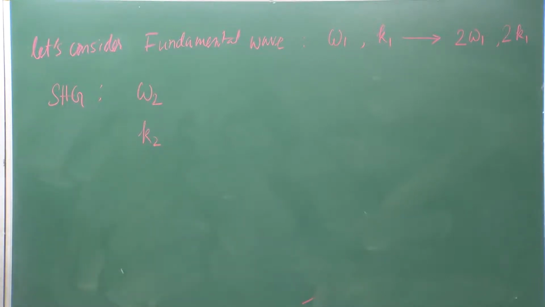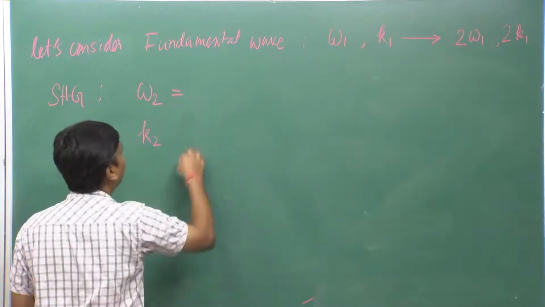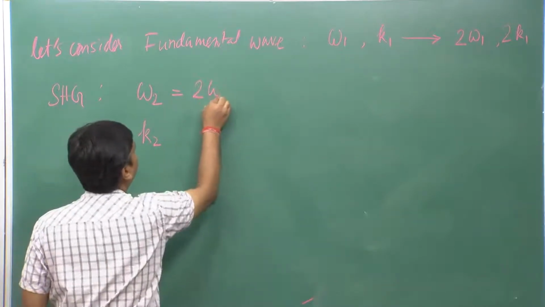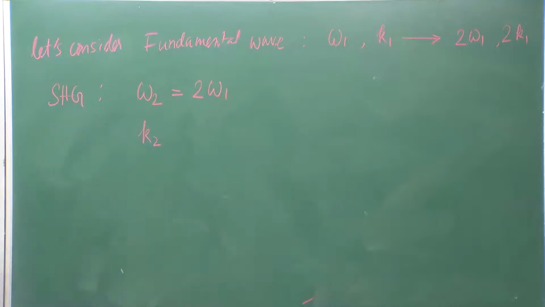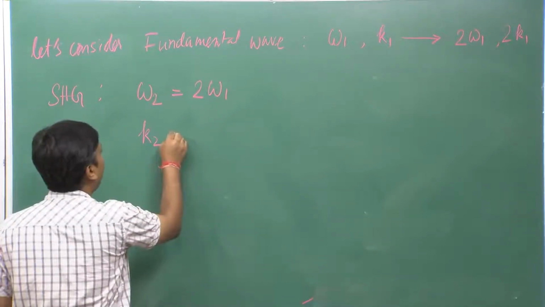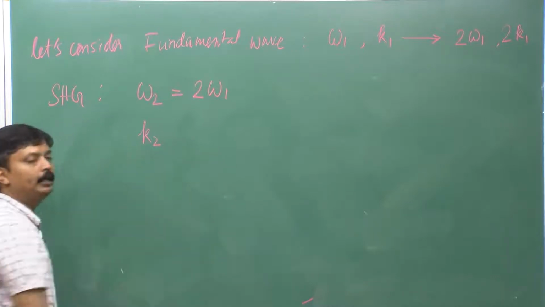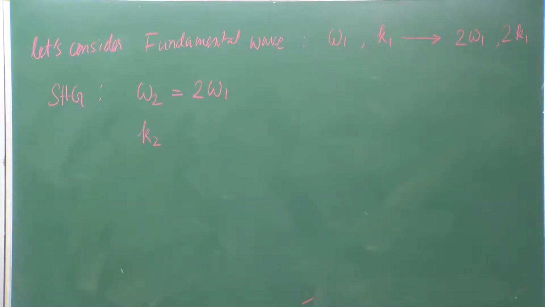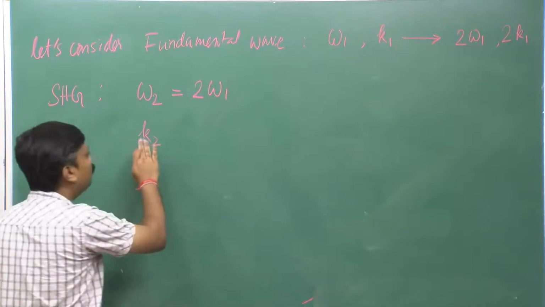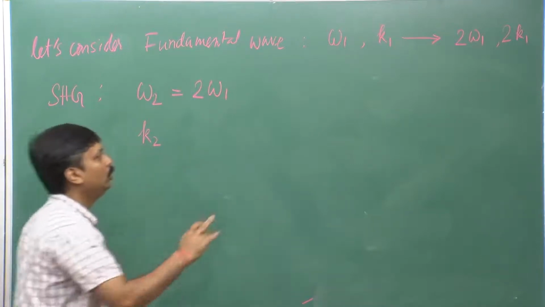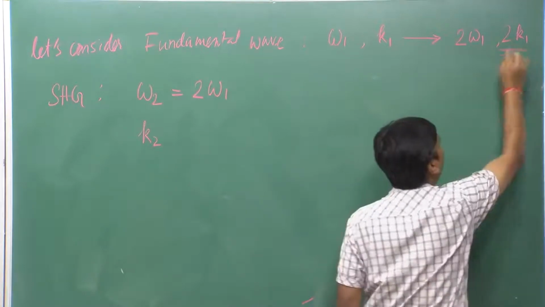k2. So, for the SHG process it has to be that omega 2 equals 2 omega 1, it is bound to happen, and this wave vector k2 may not be equal to this 2 k1.